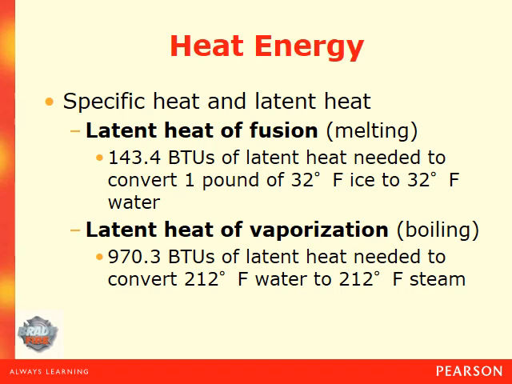The latent heat of vaporization, and notice the difference between fusion and vaporization, melting and boiling: 970.3 BTUs of latent heat is needed to convert 212 degrees Fahrenheit water to 212 degrees of steam. So that's what I was talking about earlier. Look at all that energy that is required to change water from that liquid state into steam.